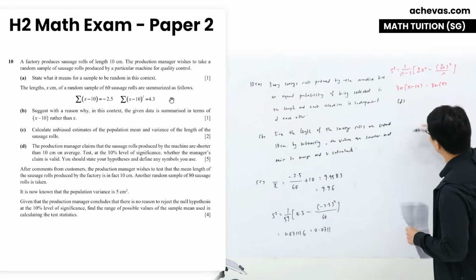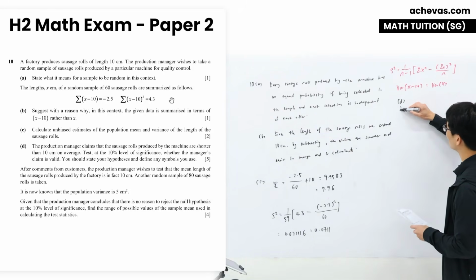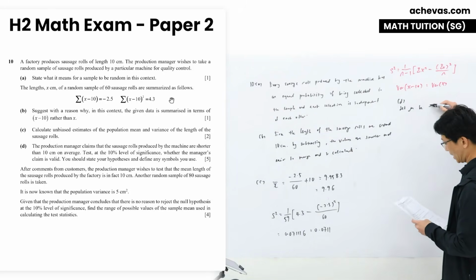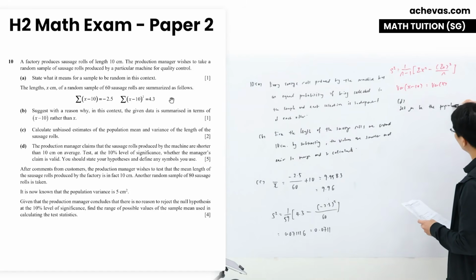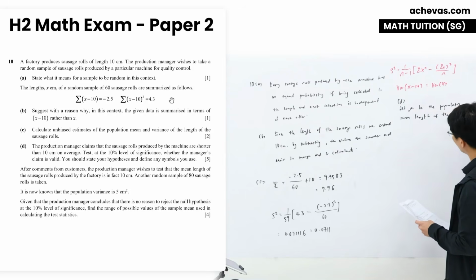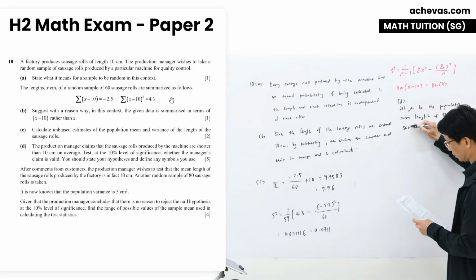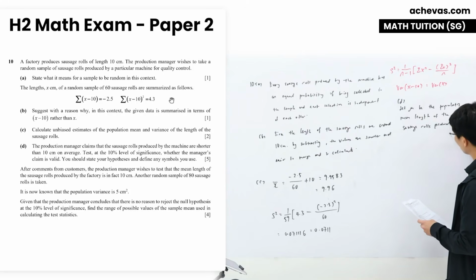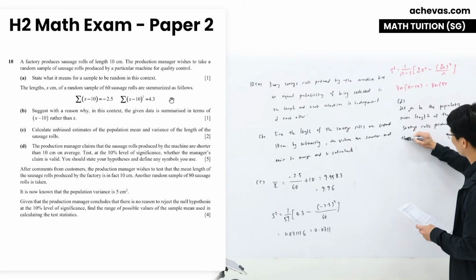We are going to do a definition for our mu first. Let mu be the population mean length of the sausage rolls produced by the factory.